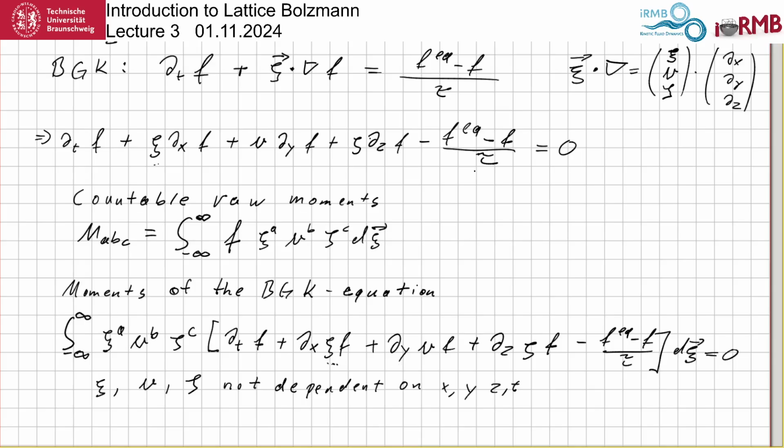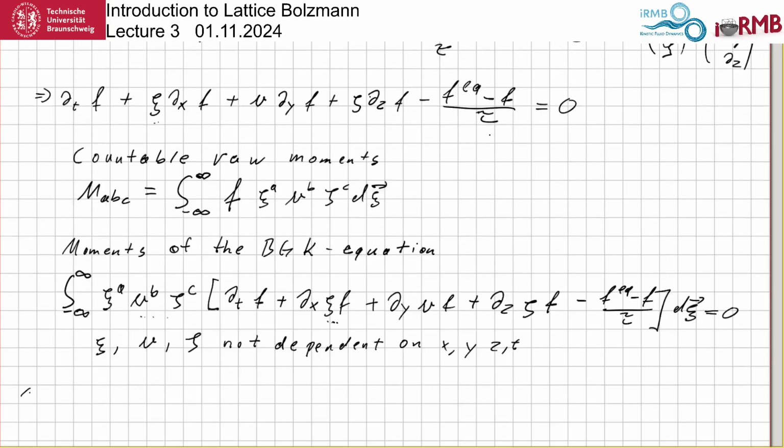Which means we can take these up front and put them also inside all of these. We can use the distributive law, put all of them inside, and have the same equation.